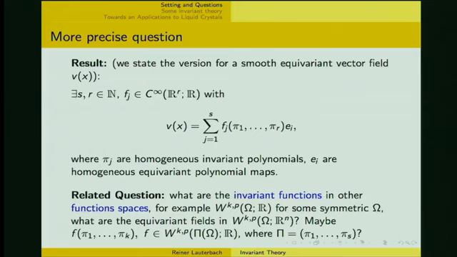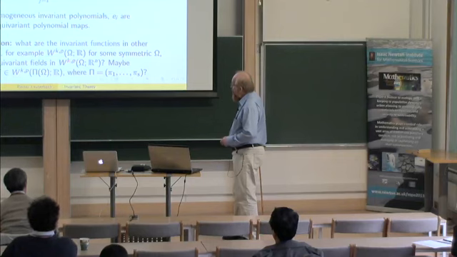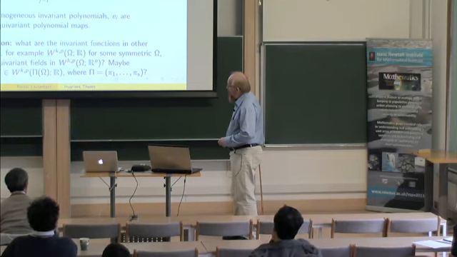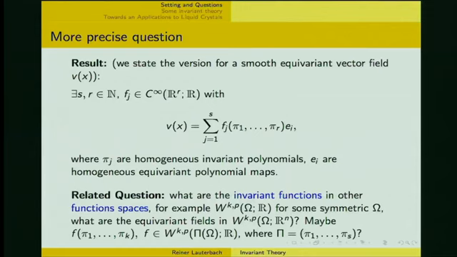For example, if you look at W^{k,p}, you could ask what are the invariant functions in these spaces, and you could conjecture that you can write it in a similar way as a function in W^{k,p} on the orbit space, but I'm not sure whether this is true.